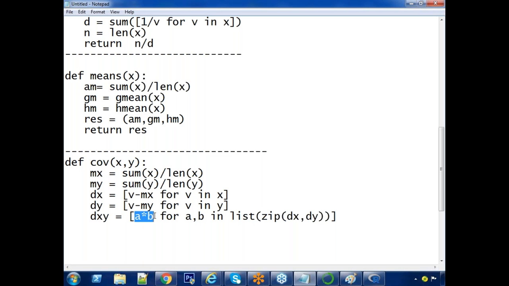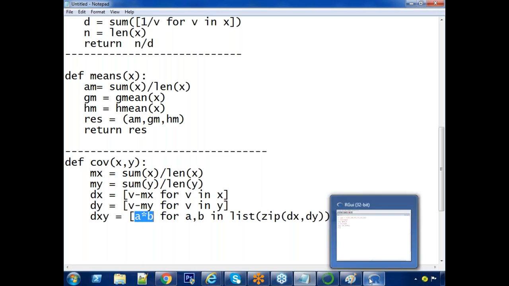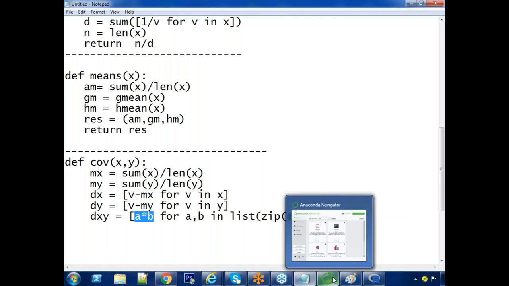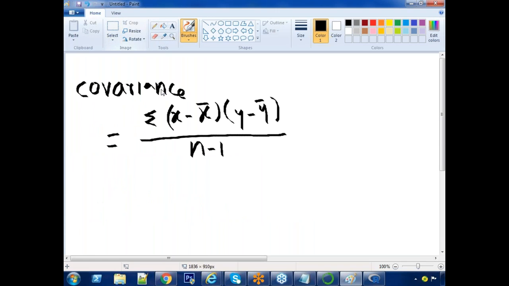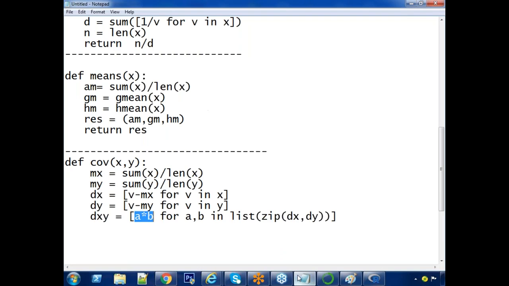By this, what is ready, sir? In our formula, this entire part is ready or not? For that, what do we need to apply? Sum. Come on, tell me the code. Let's take it as sum, or else denominator.